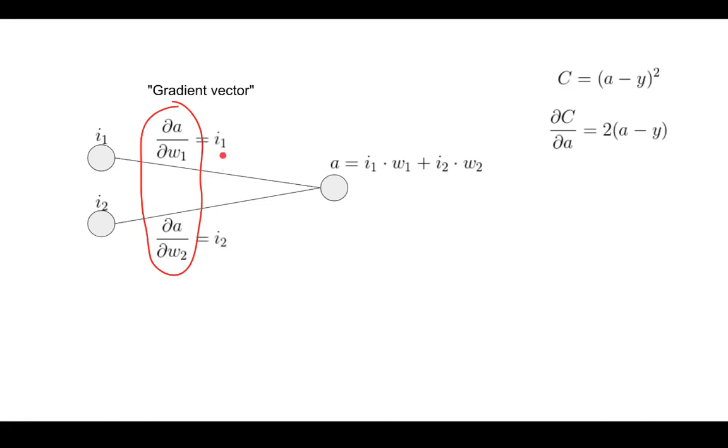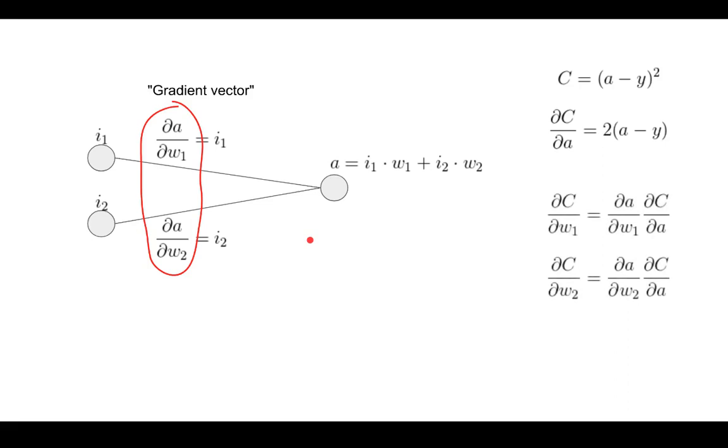They are simply the inputs. So if you take the derivative of this expression with respect to W1, this part goes to 0, and the coefficient in front of W1 becomes our derivative. So there we go, I1, and similarly I2 for W2.